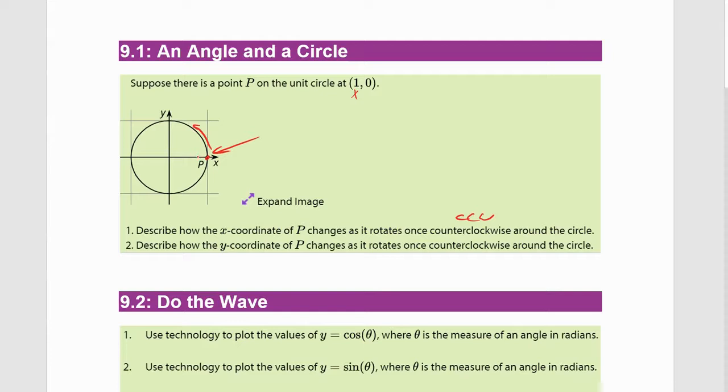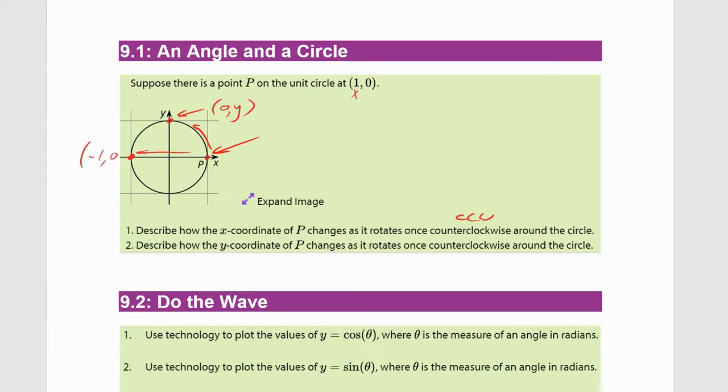As it moves that way, the x value decreases, right? It goes all the way over, like once it hits here, your x value is now 0, right? Who cares about your y for now? And then eventually it gets to here, and now your x value is -1.